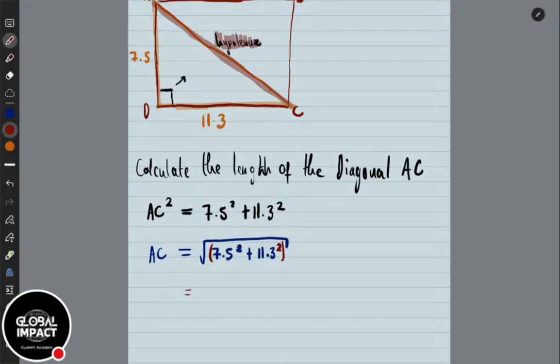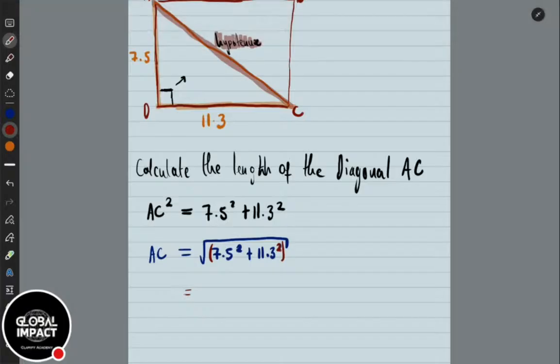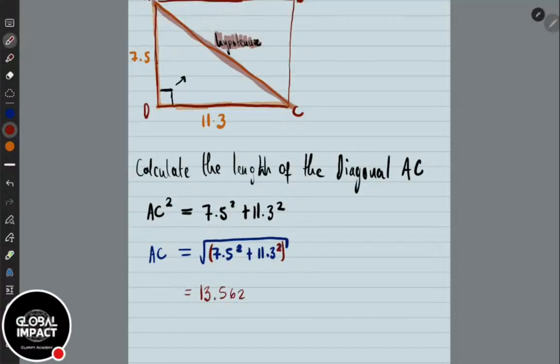What is the answer? Albert Lee, what is the answer? Okay. 13.562.